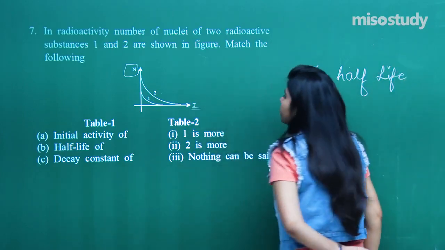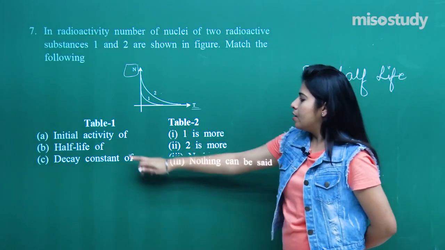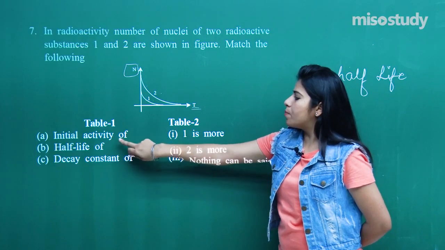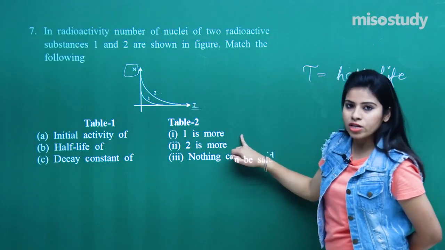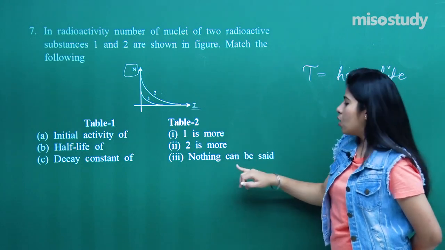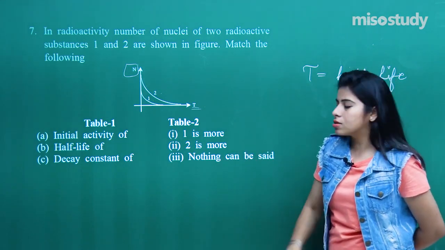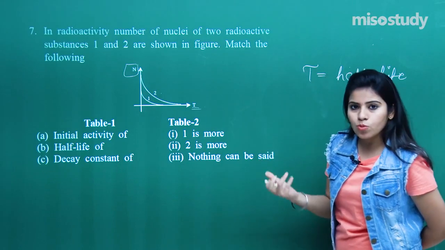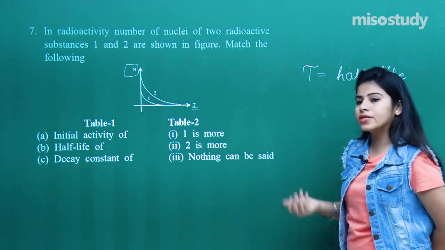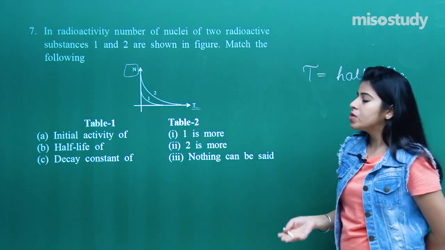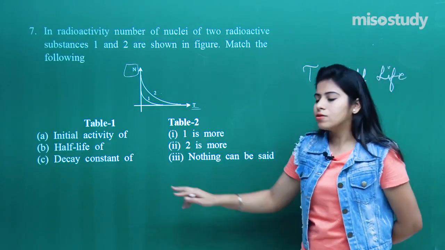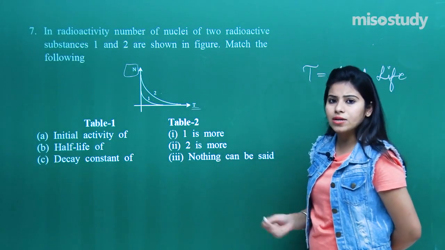Now in the question, let me see what they are asking. We have to tell what will be the initial activity: initial activity of 1 is more, 2 is more, or nothing can be said. Half-life of 1 is more, 2 is more, or nothing can be said. Decay constant, again in the same manner. So we have to match them with these three.